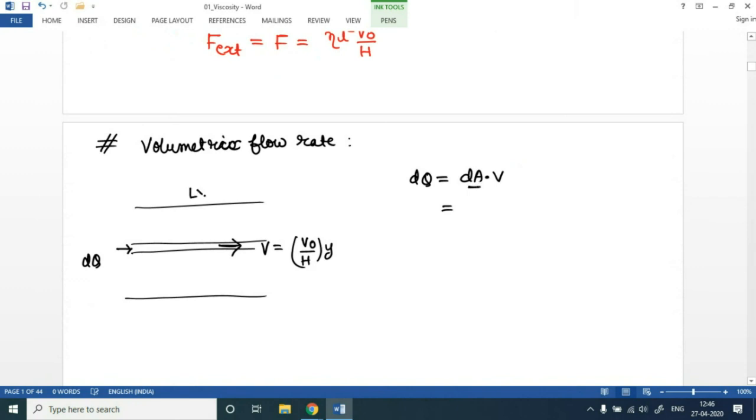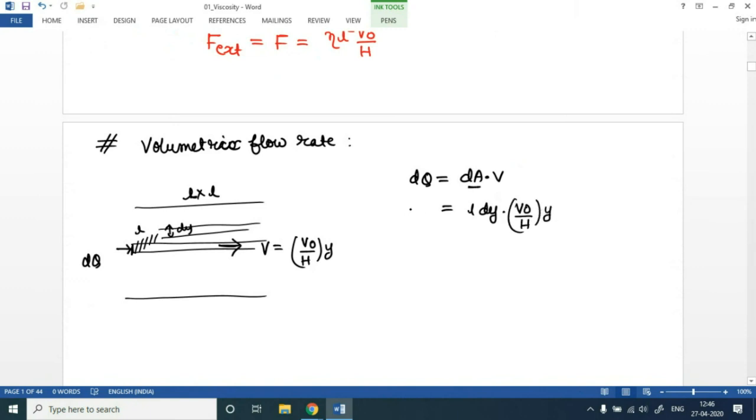The dimension of this plate is L into L. So the cross-sectional area which we are thinking about, three-dimensionally you can imagine, this is dy and this is L. So obviously the area here would be nothing but L dy, whereas V we have already found out, that is V naught by H times Y.